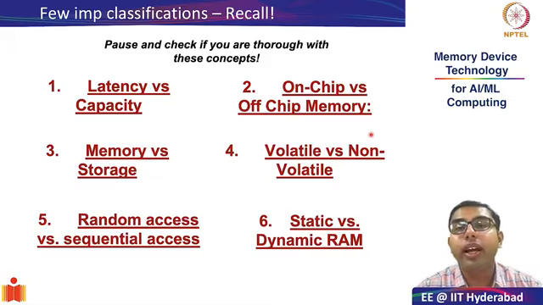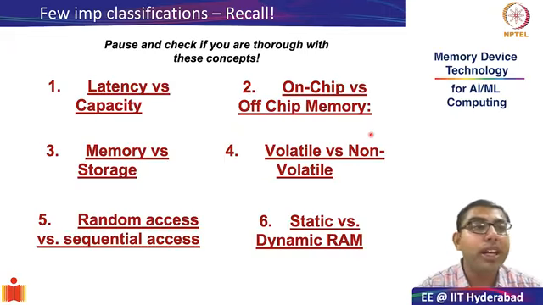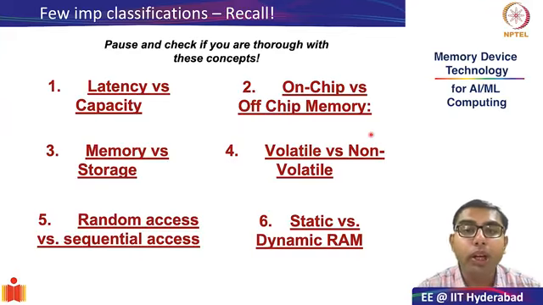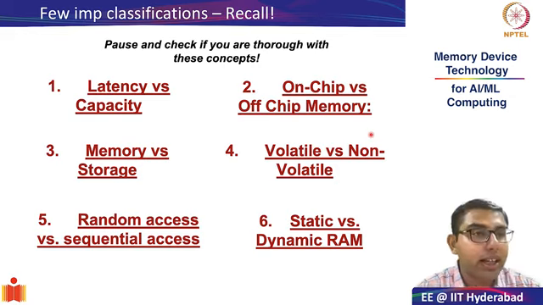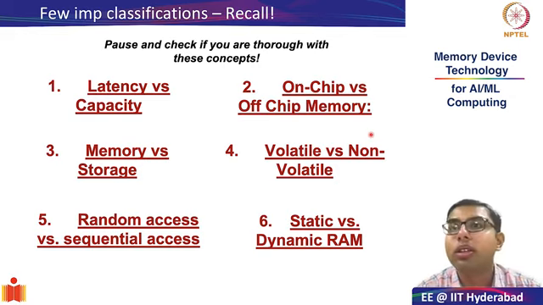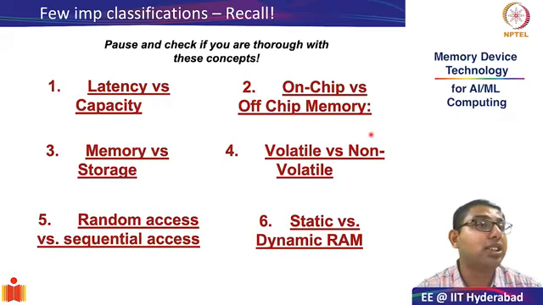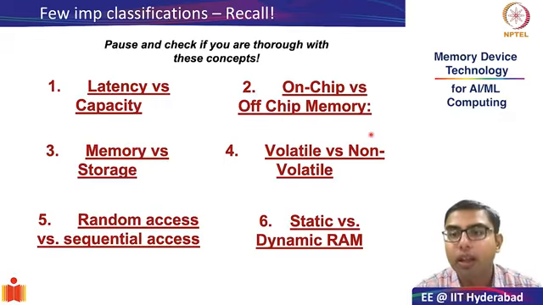The third thing that we looked at very carefully was memory versus storage. Memory was for immediate short-term needs, for frequent updates to the CPU, and therefore it required very low latency, albeit low capacity, whereas storage was more for preservation and archiving of data.